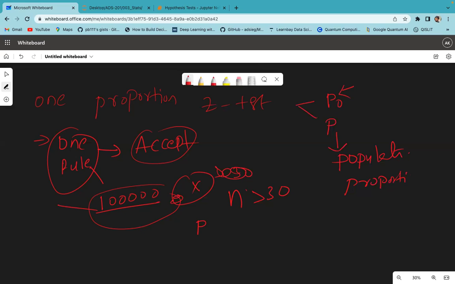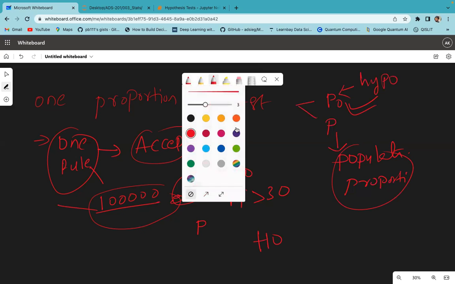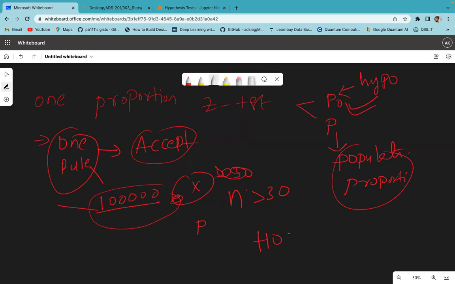If this is the hypothetical value, then the other is your practical value. These are the two things you want to compare. That means your alternate hypothesis is that your population proportion is not equal to the hypothesized population proportion.